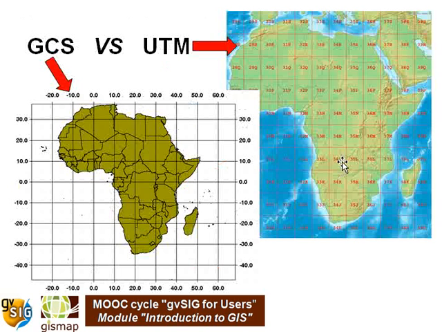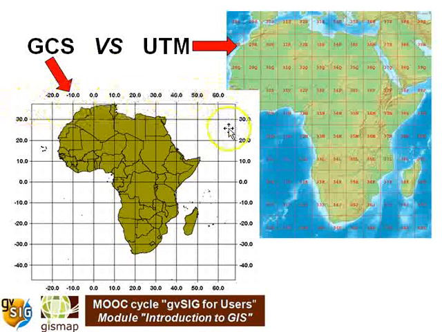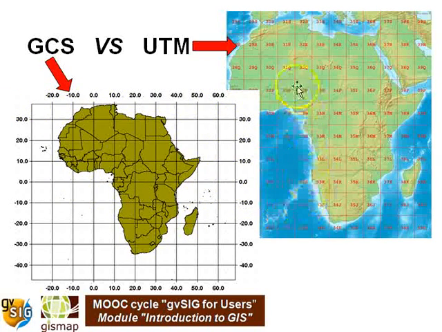And here you see how we can represent Africa, for example. This is in the geographic coordinate system, so you have 0 at the Greenwich meridian, then degrees, and 0 at the equator. On the other side, with UTM, you have the different zones, each of them 6 degrees of longitude.